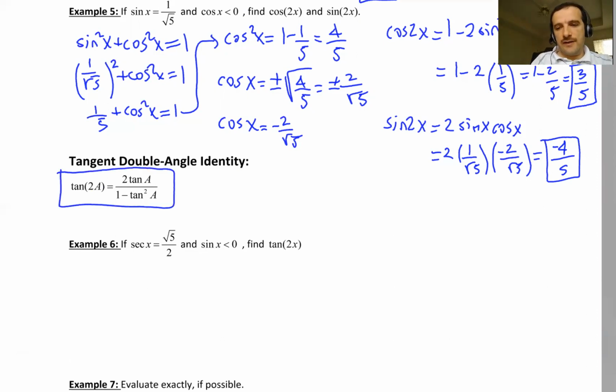So my point in explaining this is you don't really need to memorize this.